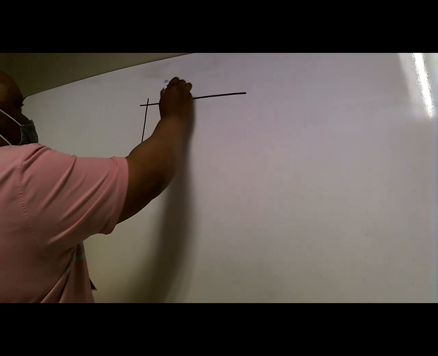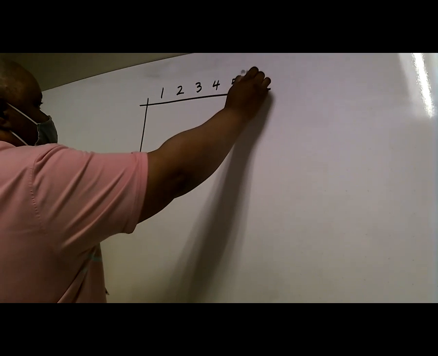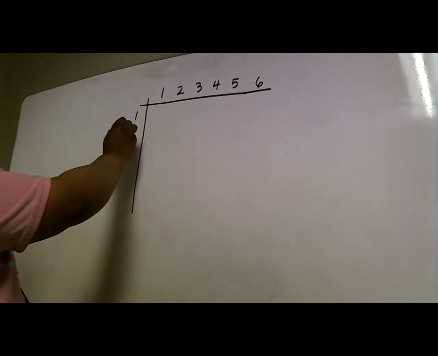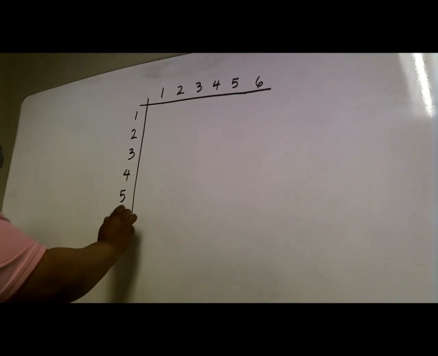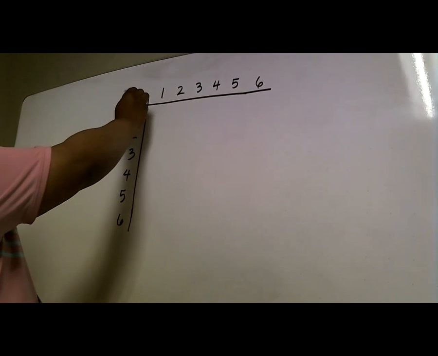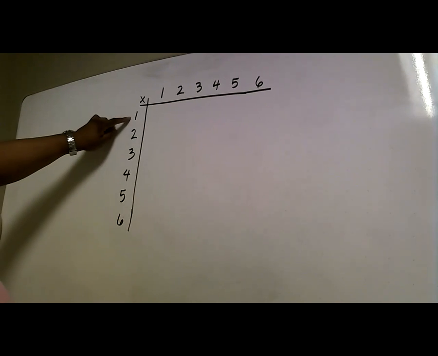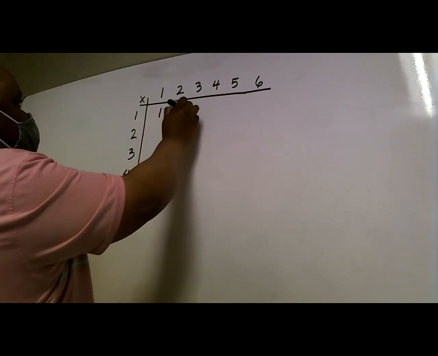Let's say this first die, all the possible outcomes are here, 1 to 6. And on the second die, 1 through 6. And of course, we're multiplying these 2 together. So here, 1 times 1 is 1. 1 times 2 is 2.